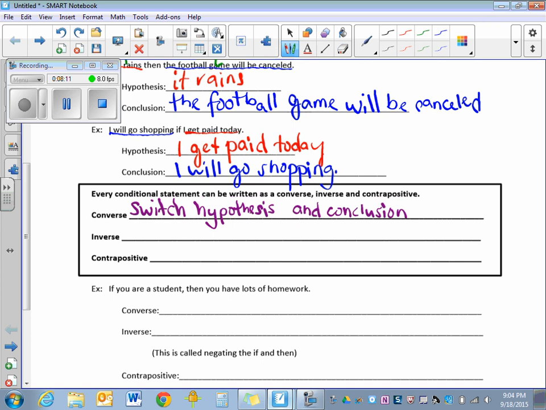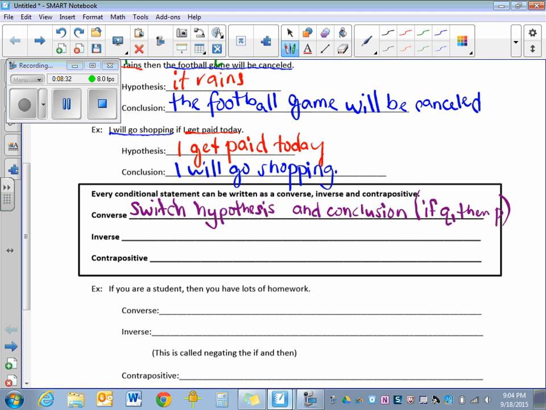So what we have there then is instead of if P then Q, we flip-flop it. We would have if Q then P. All right, so we're flip-flopping it there. That's the converse.